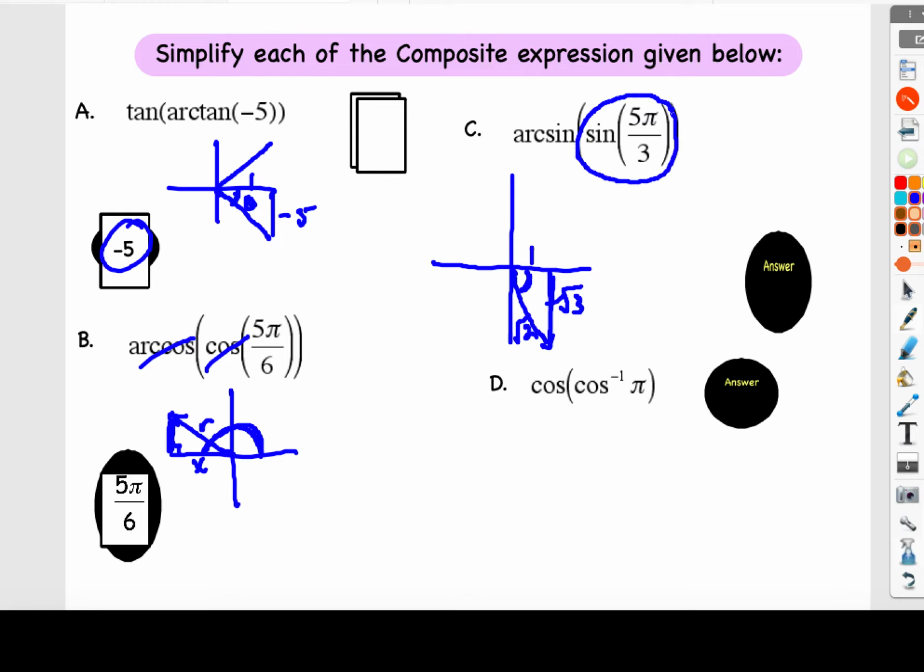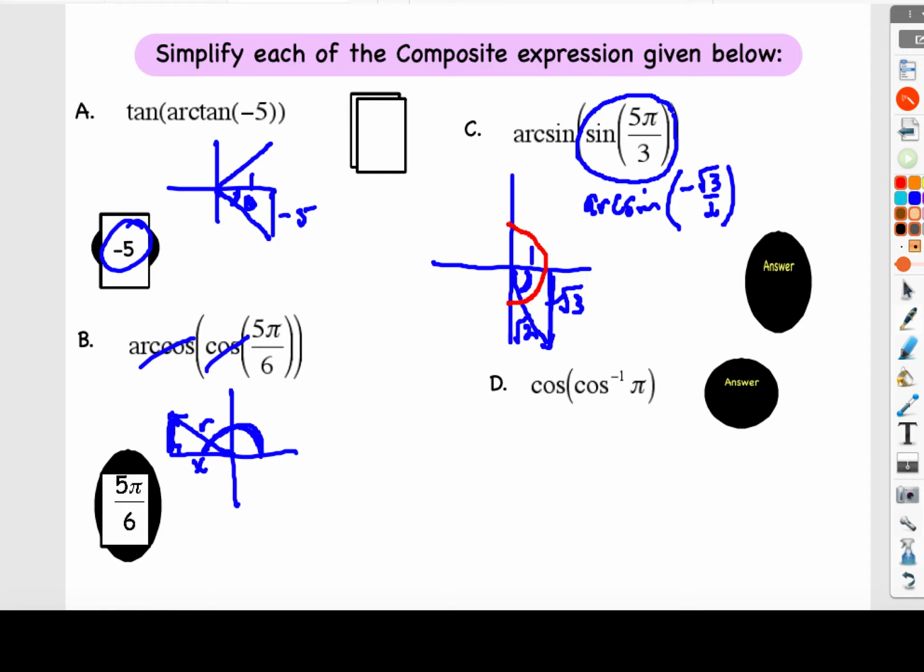The sine of 5 pi over 3 would essentially be opposite over hypotenuse. This would be saying, let's find the arc sine of negative root 3 over 2. Well, what you want to remember is the arc sine only gives you answers between negative pi over 2 and pi over 2.